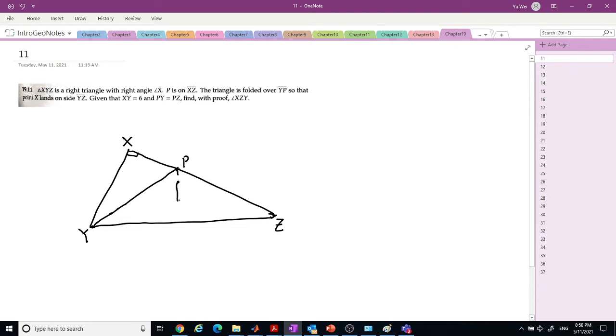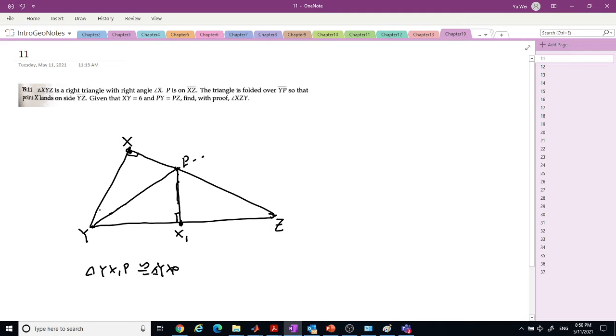So basically it's a symmetry, right? If we fold it on this line, then this one is mapped to x1. Because of this folded line, the triangle yx1p is congruent to triangle yxp.